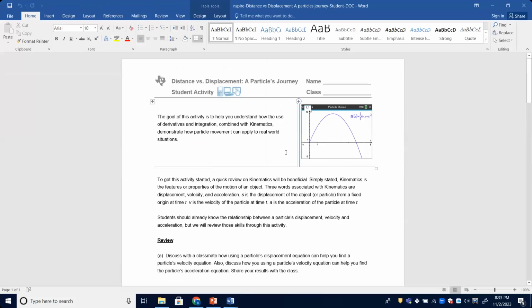So what we have here, all right, is the discussion of what the differences and similarities are between distance and displacement. I like this activity. I actually just did it last week with my students, and it helped them work through not only using it from a derivative standpoint and an integral standpoint, but it also made them feel a little bit better about knowing the difference and similarities between distance and displacement.